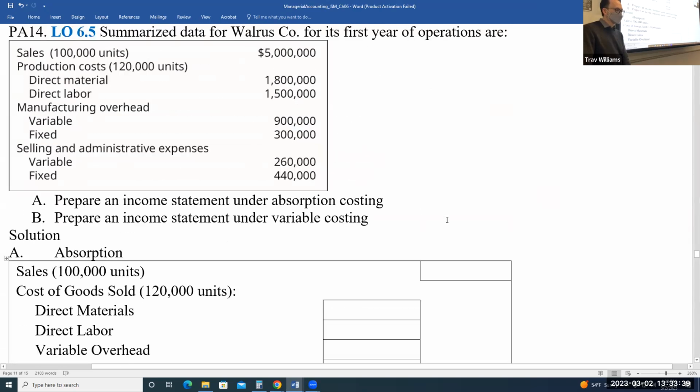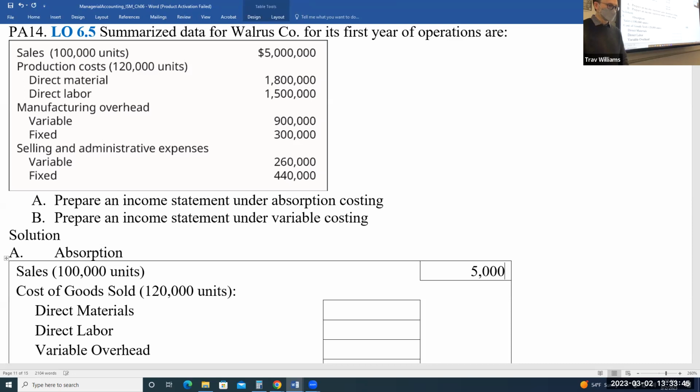Income statements start with sales. So this company's revenue is $5 million in sales. Note here that they sold 100,000 units, but it says cost of goods sold 120,000 units.